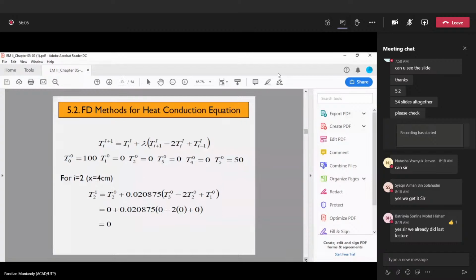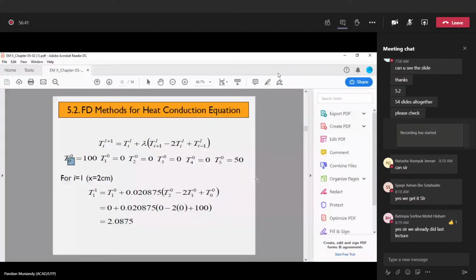So now you calculate the value for T superscript 1, subscript 1. Can you calculate now? 2.0875 plus lambda, 0.020875 in the bracket, 0 minus 2 multiplied by 2.0875, plus 100.